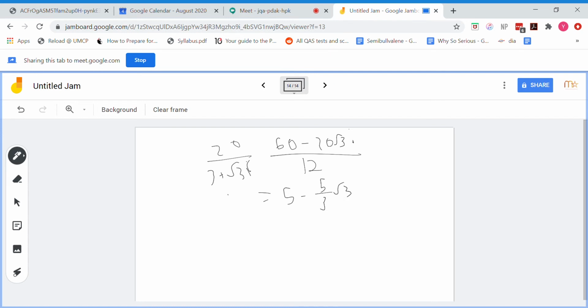So this is the limiting coordinate B. And we're asked for the distance from the origin to this point, so OB squared. OB squared is just the magnitude of B squared, because the magnitude of B is the distance from O to B. And so the magnitude of B squared is just 25 plus 25 over 3. And so this equals 100 over 3. So we're left with 103.